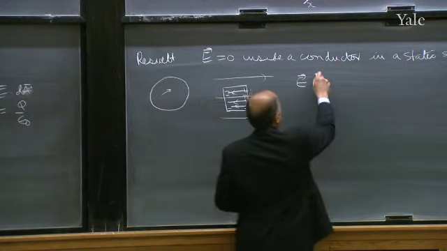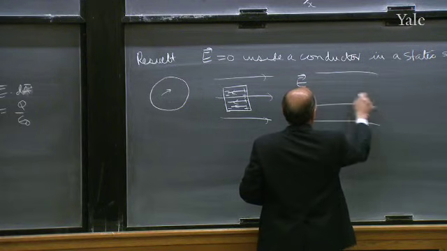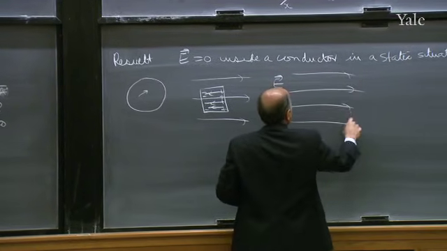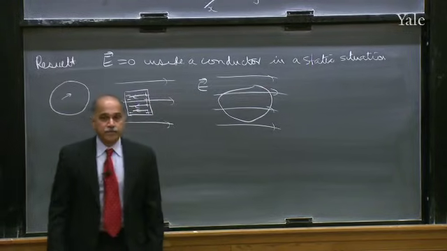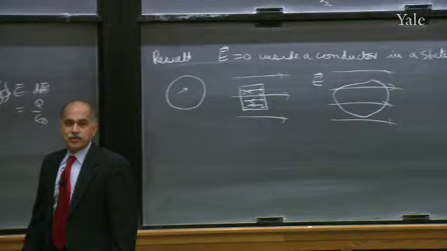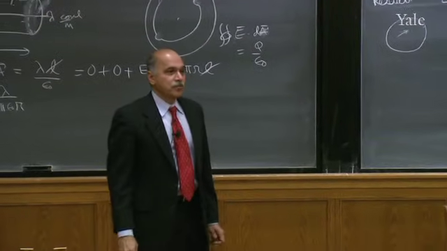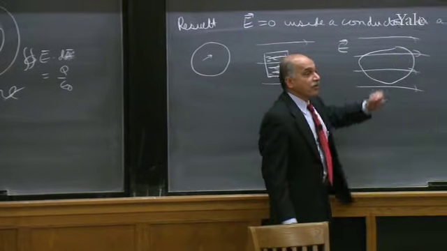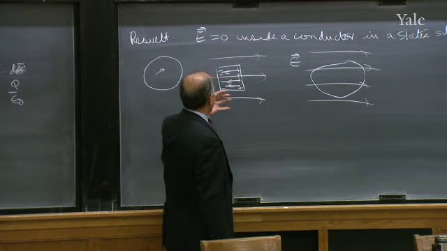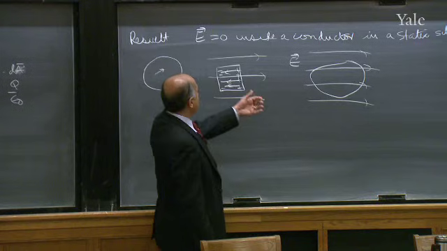But what's amazing about these metals is that if you take a potato-shaped metal, it's not so easy to see what charge arrangement will exactly neutralize the field everywhere inside. Here it's easy to see. I want a right moving one, cancel with a left moving one.